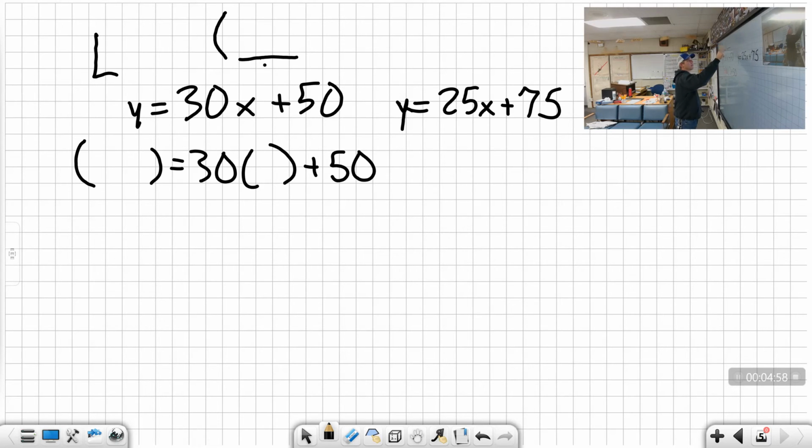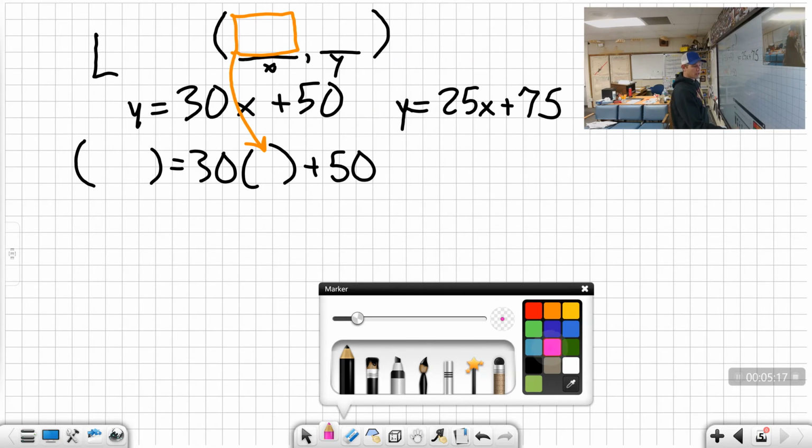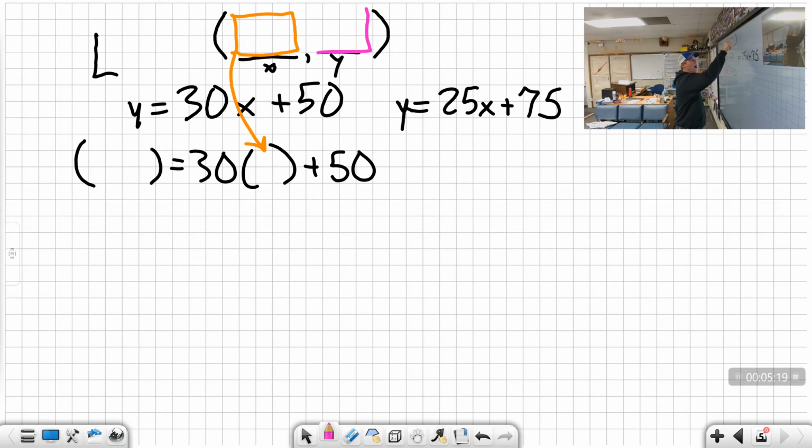x and y. You have an answer, x and y. You're going to take your x number, whatever it is, and you're going to put it in the x spot. You're going to take whatever the y is, and you're going to put it in the y spot.